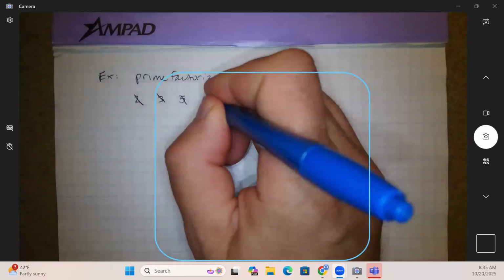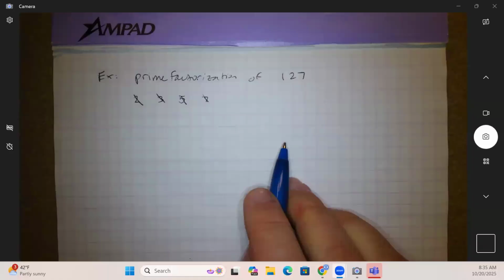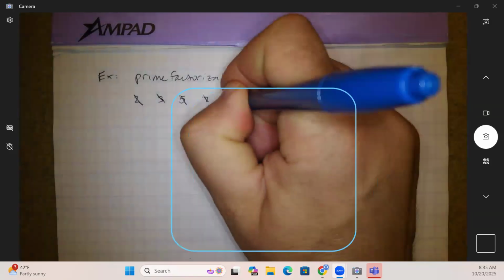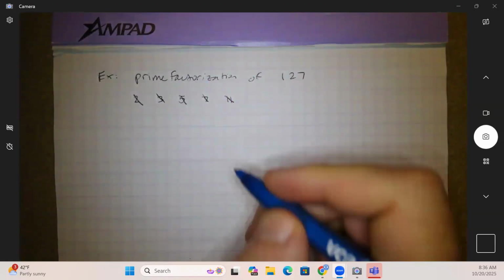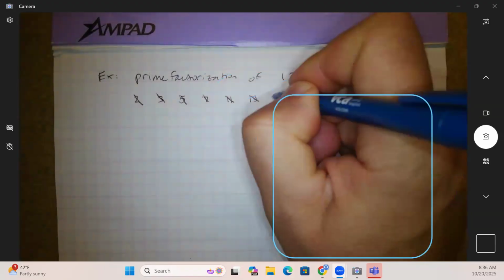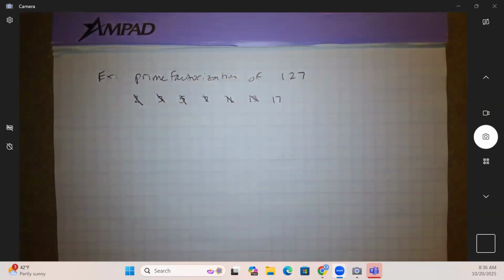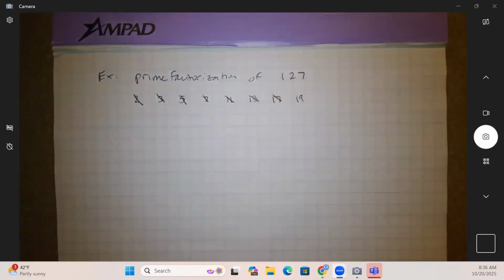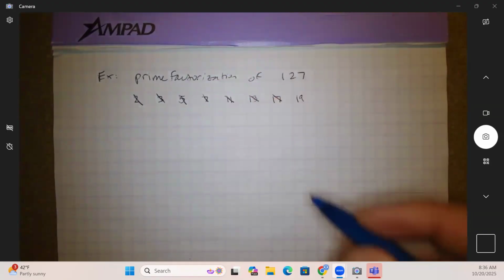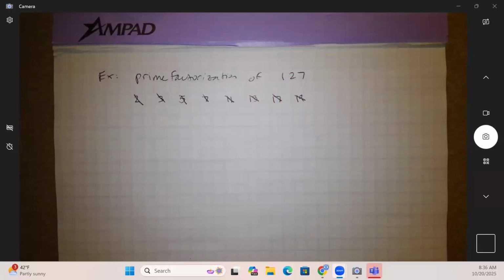No, 7 doesn't work. How about 11? That's not going to work. 13? No. How long do I have to do this? 17? No. 19? No. How much longer do you think I need to go to check primes?